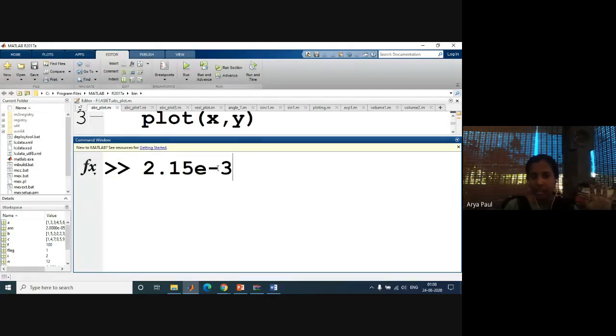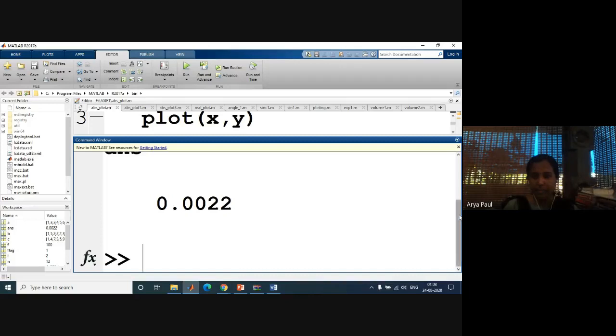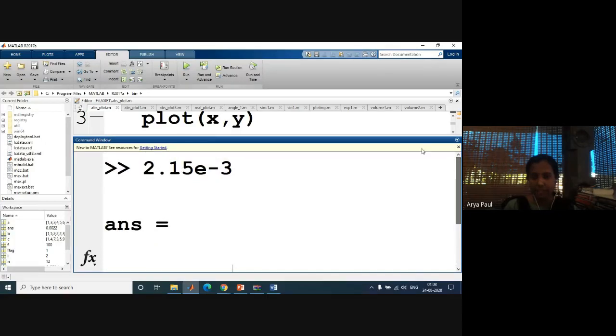If you press enter, your answer will be displayed: 2.15 into 10 to the power minus 3.